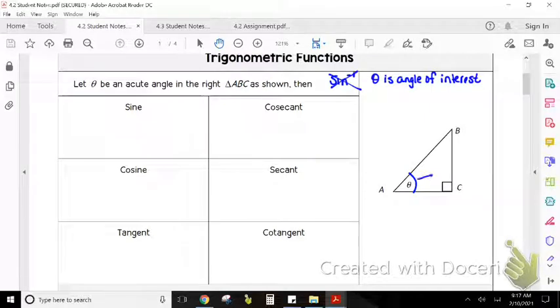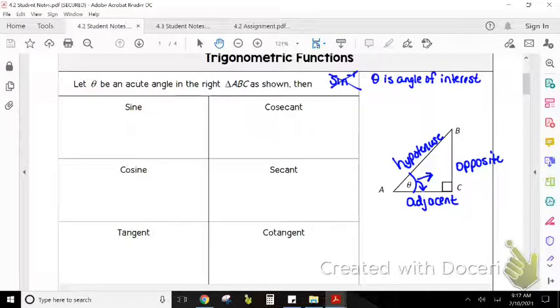Opposite means across from, so the side that's across from our angle is the side that is opposite. Adjacent means next to, but it can't be the hypotenuse. So this side over here, when we're looking at theta, is our adjacent. And then remember, your hypotenuse is always the side that's across from the 90-degree angle in a right triangle.